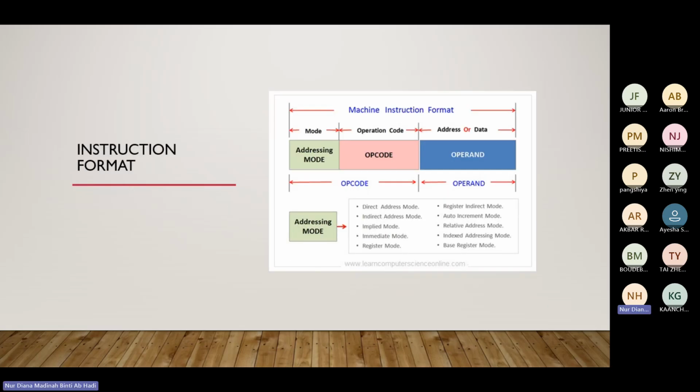Okay, so this is the instruction formats. This is where you need to memorize. You need to use this later on, maybe for your coursework assessment.